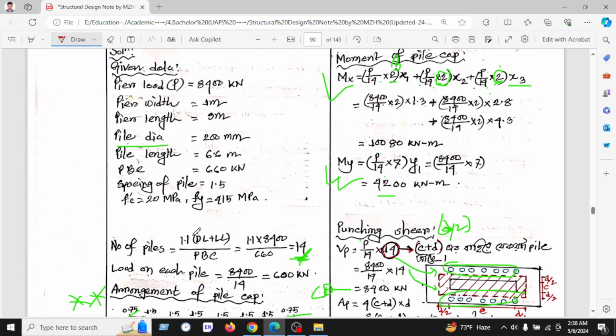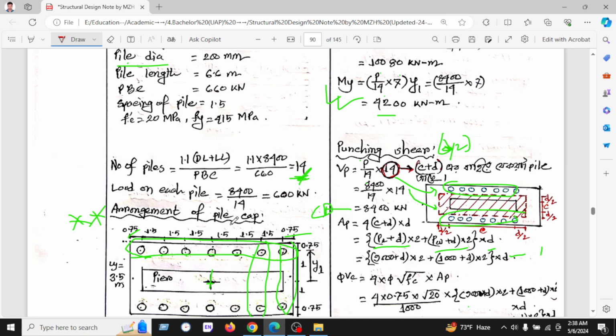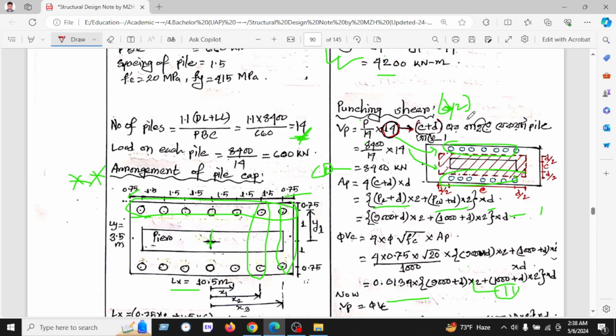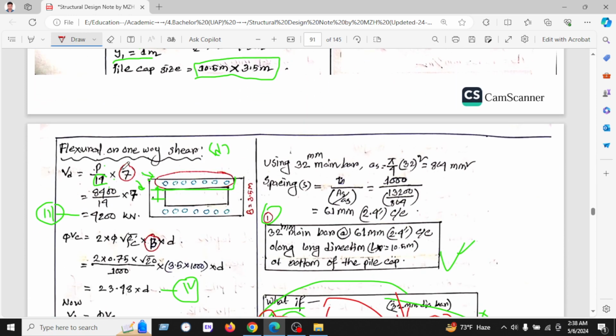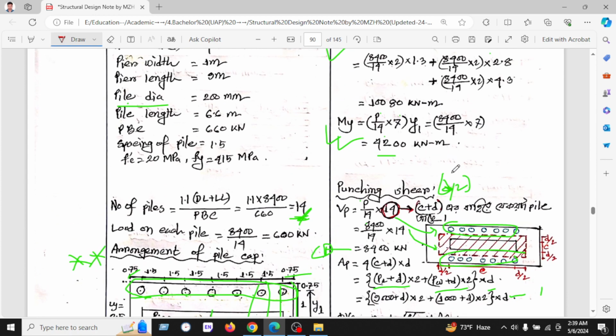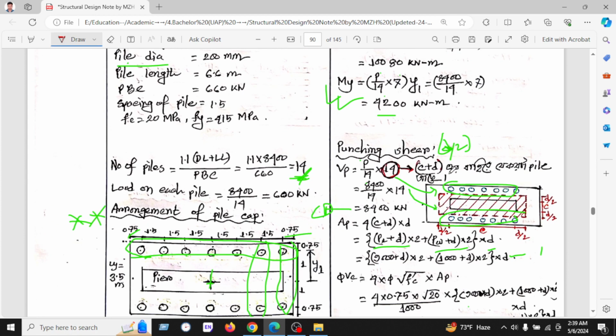Another important point was punching shear, which occurs at d by 2 distance, and the flexural shear, which occurs at d distance. At first, punching shear occurs at d by 2 distance. That's why we will use 14 piles.